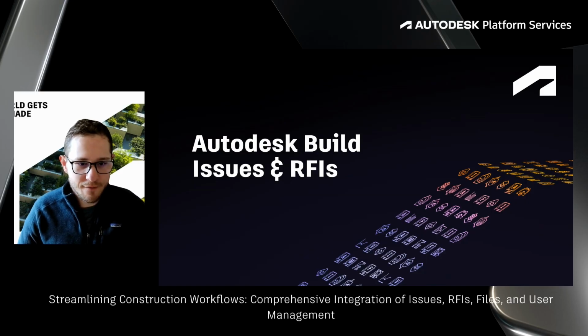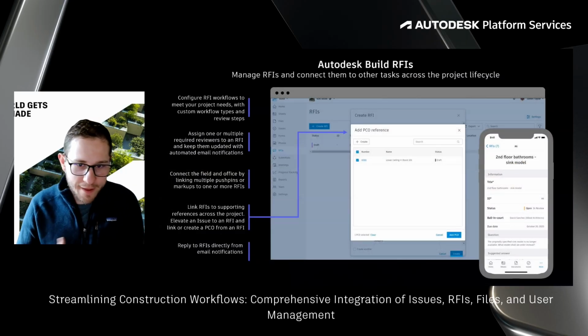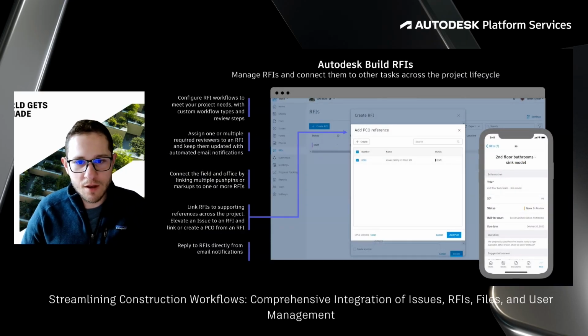So kicking off with RFIs and issues. When we talk about RFIs, this workflow allows customers, whether they're in the field on the mobile app, as you'll see here, or on the desktop, to initiate RFIs and get the answers that they need from other members of the project team, even if they're external users.